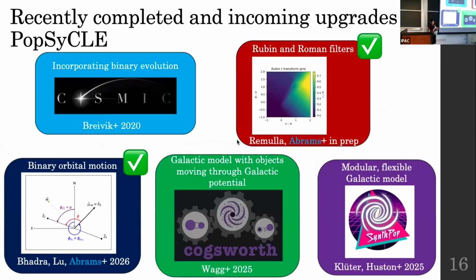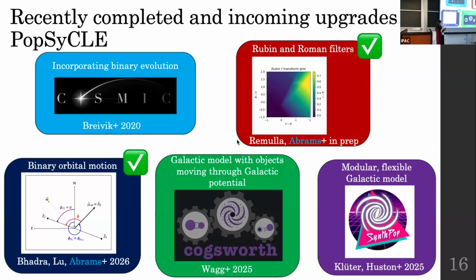I just wanted to highlight some of the recently completed and incoming upgrades to Popsycle, where we have incorporated Roman filters. Sage Romolia, an undergrad at Berkeley who I've been advising, incorporated those and enabled this work. We have included binary orbital motion, which can give super wacky light curves and astrometric signals. Dex Badra, a postbac who I've also been helping to advise, led this.